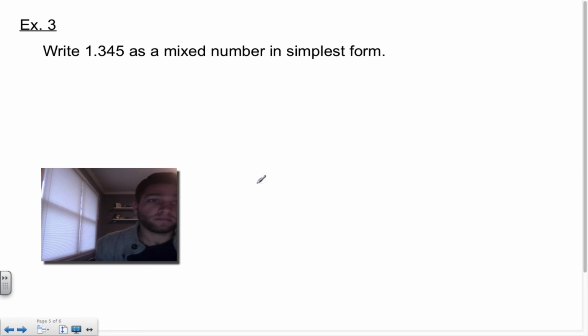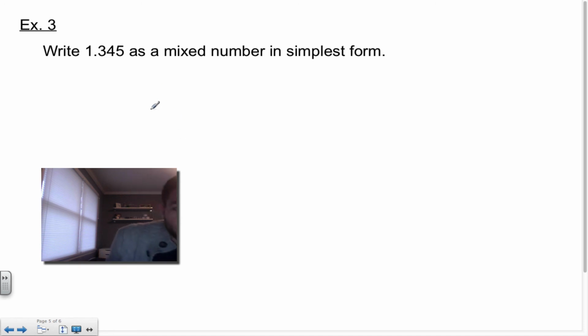And my last one that I'm going to look at says write 1 and 345 thousandths as a mixed number in simplest form. Now, if you caught how I pronounced that number, instead of saying 1.345, if you can say your numbers correctly, these problems will be the easiest thing in the world for you, because how I said it, 345 thousandths.